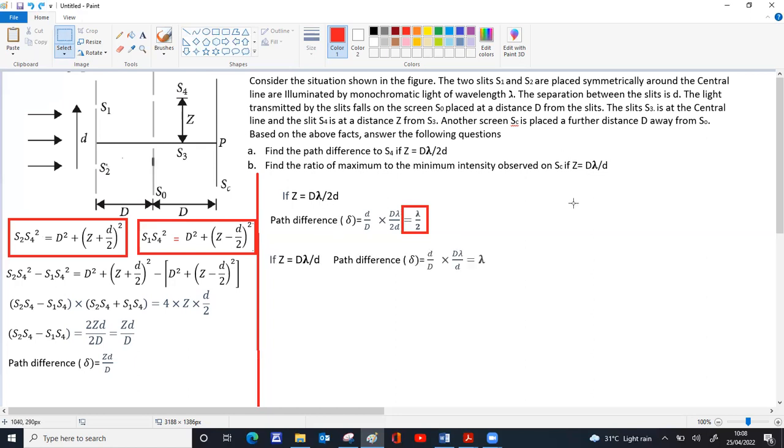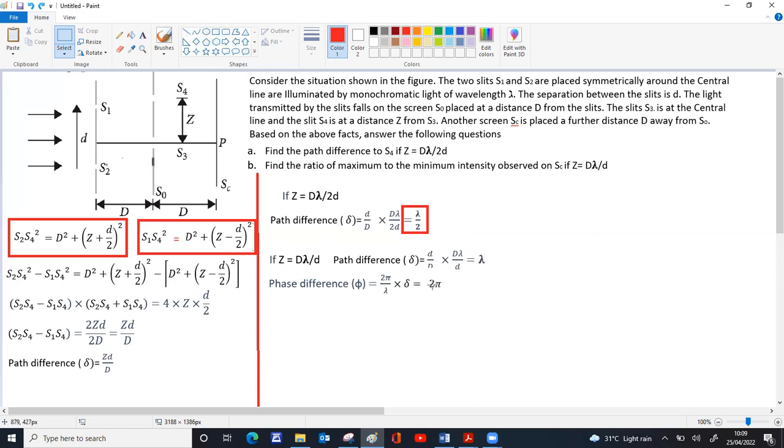So if Z is D lambda by d, the path difference to S4 will be d by D into D lambda by d. The d and D get cancelled, lambda. So the path difference to S4 is lambda, and we can find the phase difference. Phase difference will be 2 pi by lambda into delta.